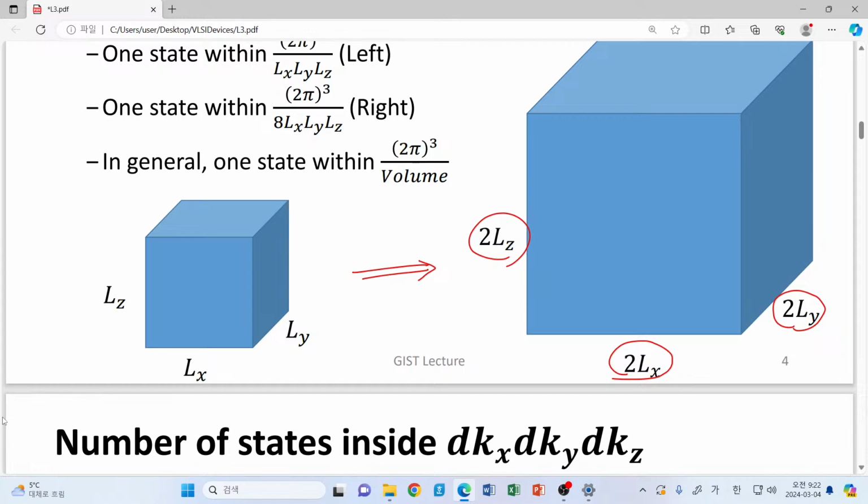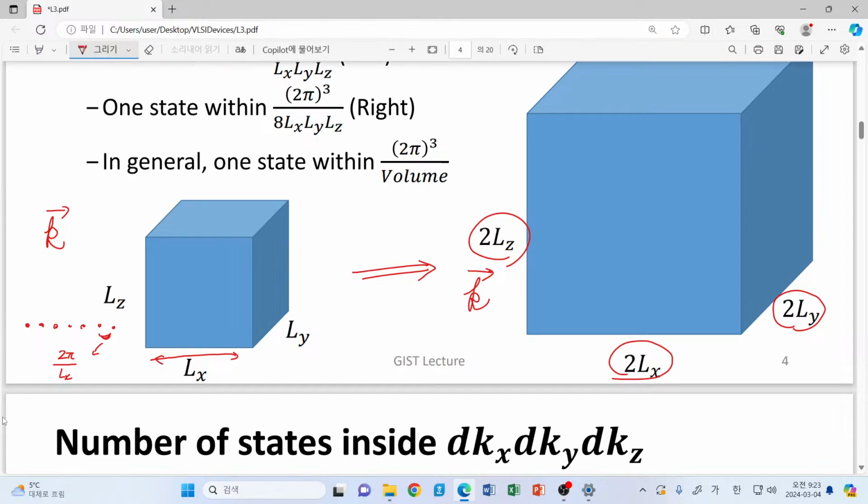Then please think about your k space for each. When you have this small box Lx, Ly, and Lz, then for example along the x direction, you will have so many different available k values, and each of them will differ by 2 pi over Lx.